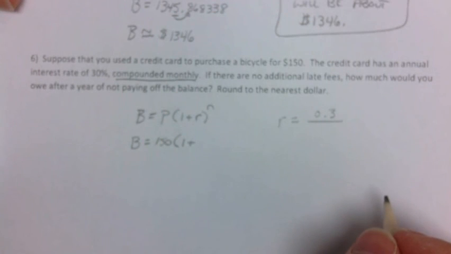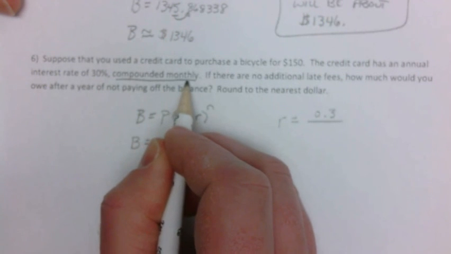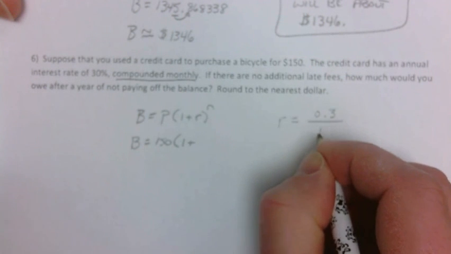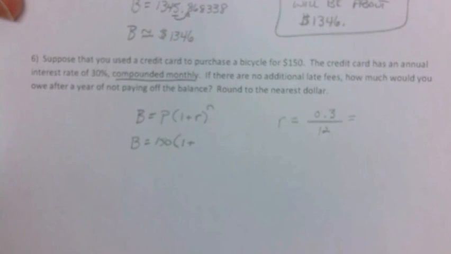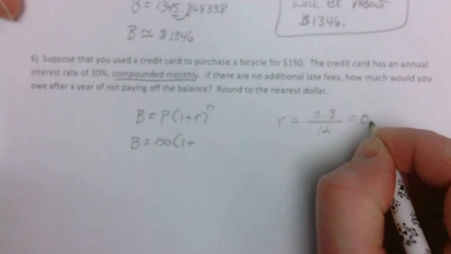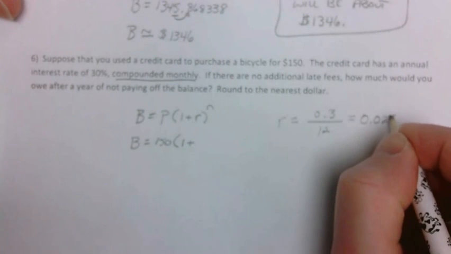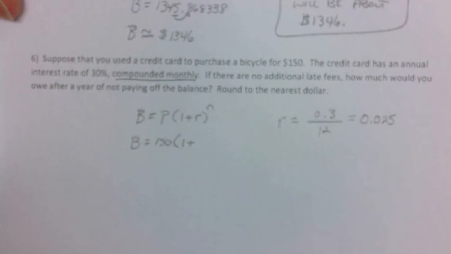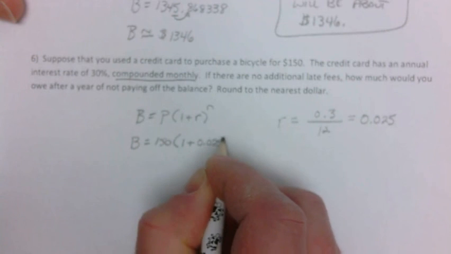And we're going to divide it by the number of times that we're compounding in the year. Since we're compounding monthly, that means we're going to compound the interest 12 times in a year. 3/10 divided by 12 is 25 thousandths. So that's the value that we're going to put in here for R.